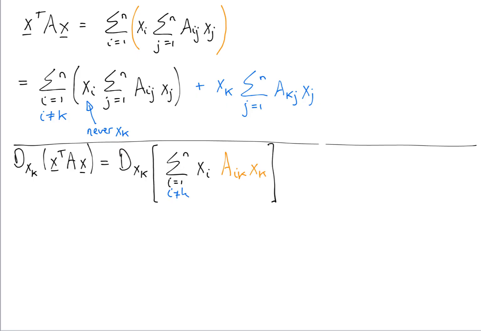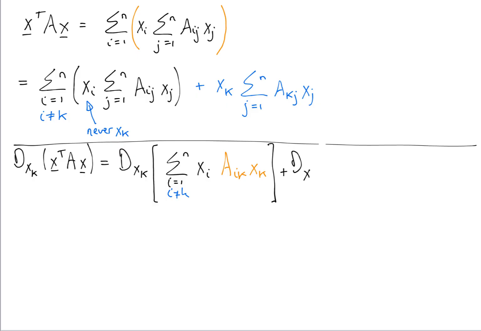And there we have it. Now notice we're not arguing that this first sum here is equal to what's in the square brackets here. Rather, we are just omitting the terms that don't contribute to the derivative with respect to x_k. So we got rid of all the terms that didn't involve x_k. So all that remains here involves x_k.